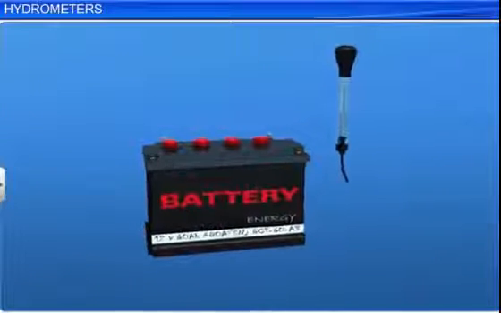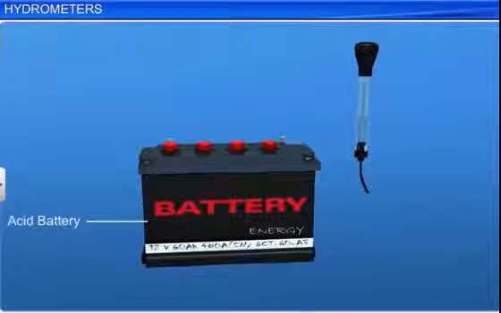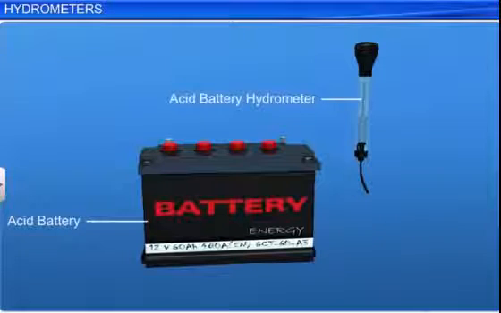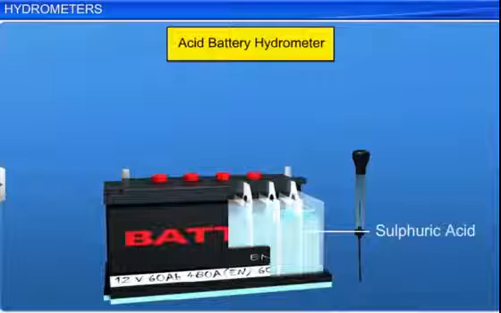Another hydrometer that is specially used to check the concentration of sulfuric acid in an acid battery is known as an acid battery hydrometer. Acid batteries are used in cars and other vehicles. The electrolyte used in an acid battery is sulfuric acid of density 1250 to 1300 kilograms per meter cube.